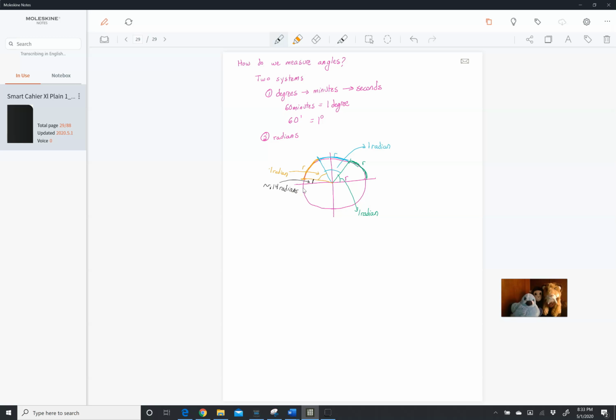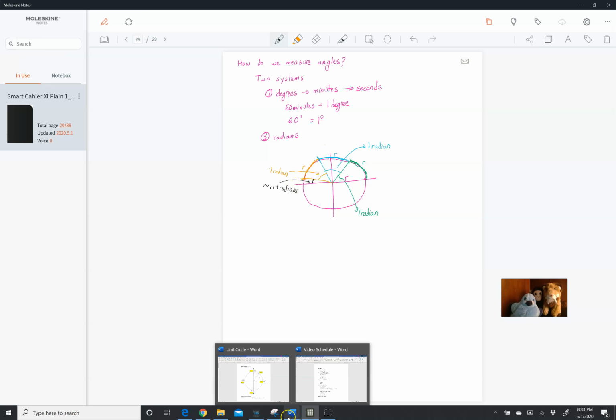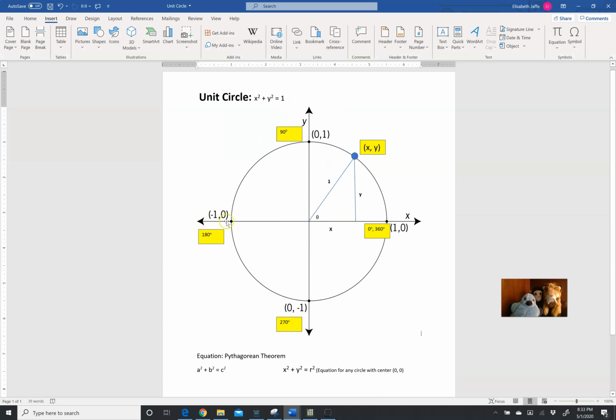Now, what does this mean? We know that from here to here is 180 degrees. We labeled that on our axis over here, right? If we start here and we go halfway around the circle, we're at 180 degrees. So what does this tell us? This tells us that 180 degrees is equal to exactly pi radians.